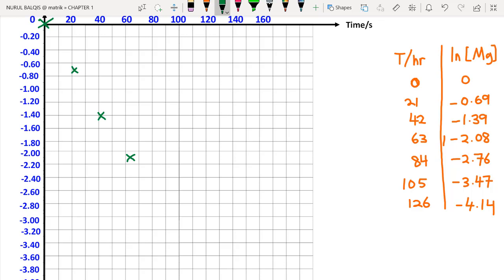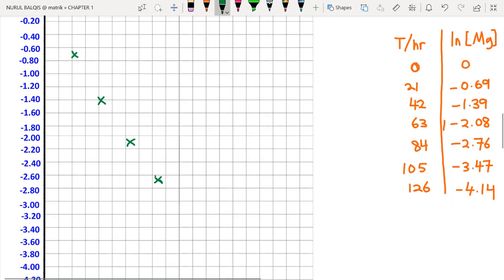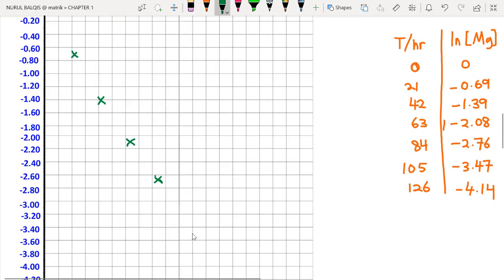And then we have 84, negative 2.76, so maybe around here. 105 with negative 3.47, and then 105, I guess somewhere around here.